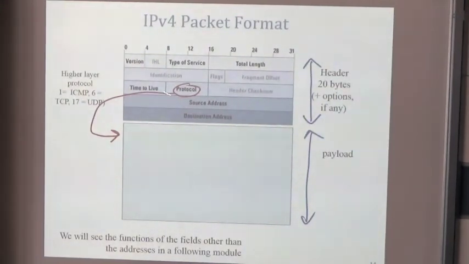Then there's a number of other fields. Some of the fields here are used for fragmentation that we'll discuss later. An important field is called the protocol in IPv4. Protocol here means the nature of what's inside the IP packet, typically UDP or TCP. Those are the most frequent protocols that we will see here. Then there's a number of flags that we'll discuss a bit later that are not really useful.